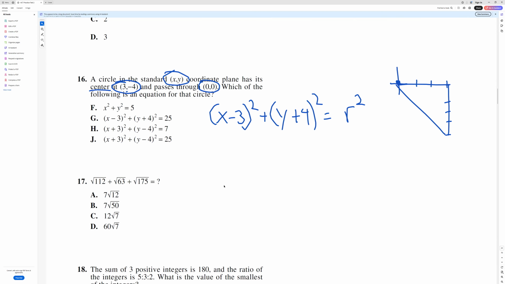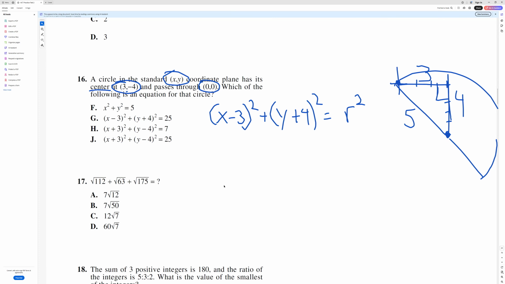Of course, this is going to be the center here, another 5 this way, and the circle is going to go like a circle, right? But the point is the radius is 5, because the hypotenuse here is 3, 4, 5, which makes the hypotenuse the radius.